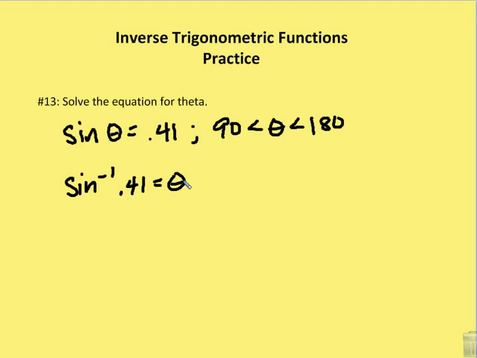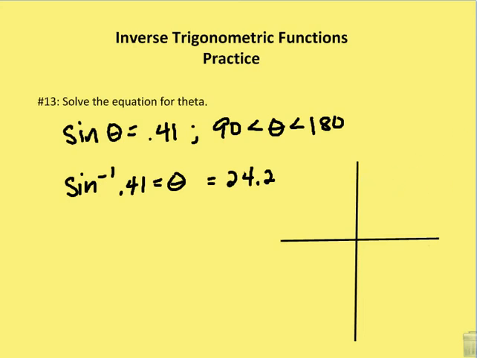And so I use my calculator for this. I find the inverse sine button, I type in 0.41, and I come up with an answer that's approximately 24.2 degrees. Well, 24.2 degrees is not between 90 and 180 degrees. So I need to figure out where, given the reference angle of 24.2 degrees, what my angle measure really is for the question in question.